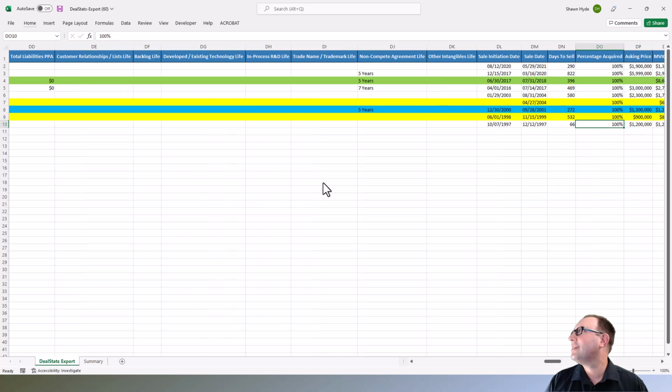Another discussion we sometimes have is on geography. Does it matter where a business is located? How will it affect price so much? Well, in my opinion, not so much. Some states don't have an income tax. That affects their profitability, and therefore if they're more profitable, they'll sell for higher prices.